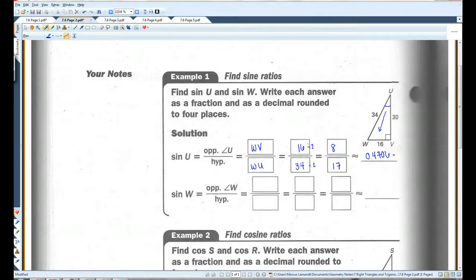Alright, so let's take a look at sine of W. Sine of W, this is the opposite side. So I've got UV, and still WU is the hypotenuse. UV is 30. The hypotenuse is 34. If you divide top and bottom by 2, you get 15 over 17.